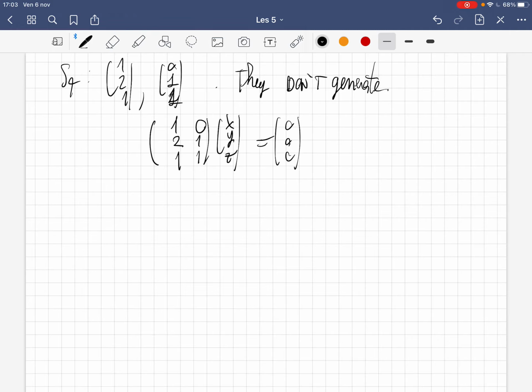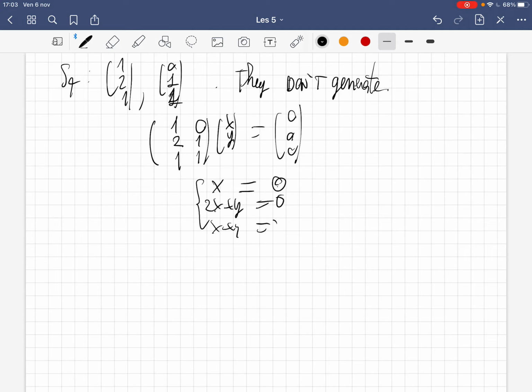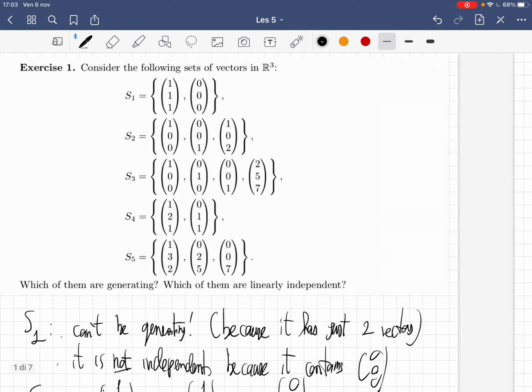You can use Gauss elimination if you want, but let's just solve it directly. So this gives you this, and this gives you that. So you have x equal to 0, so then you can get y equal to 0. So okay, they are independent, but they don't generate.